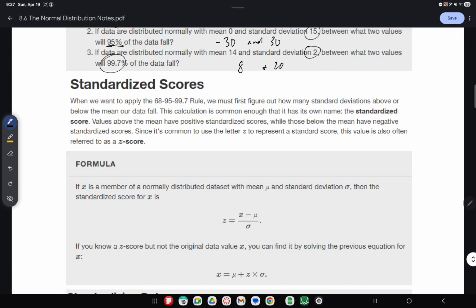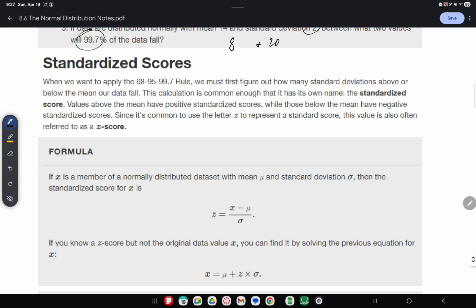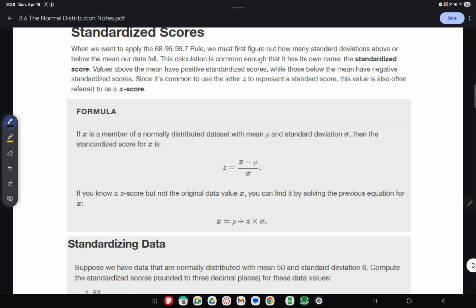Okay, so standardized scores. These are those z-scores I was mentioning earlier. We can turn the data values into these standardized scores just to help us compare different data sets. It would be easier to look at z-scores when comparing. So let's look at what they are.